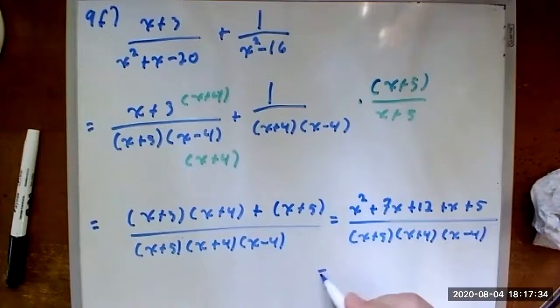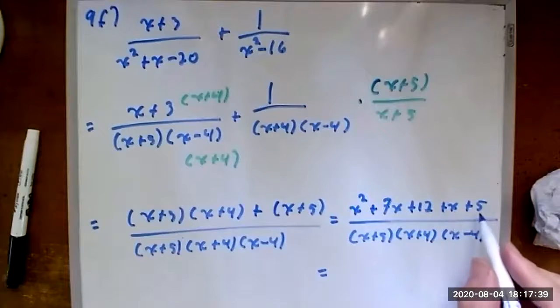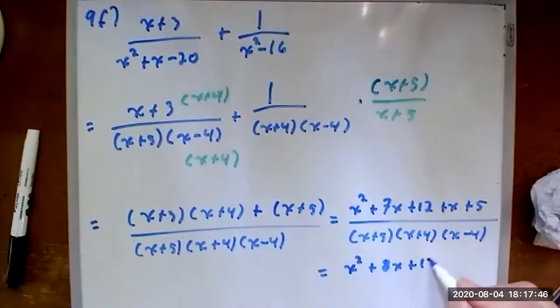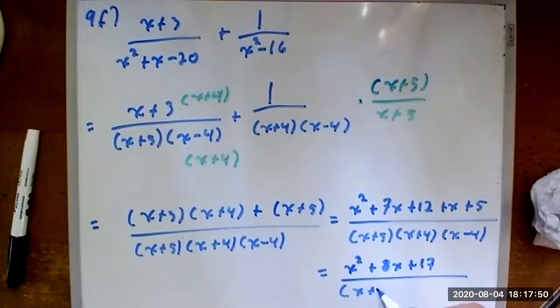And then this all just comes for the ride. Finally, putting together the like terms, x goes with 7x, 5 goes with 12. So x squared plus 8x plus 17 all over x plus 5, x plus 4, x minus 4.